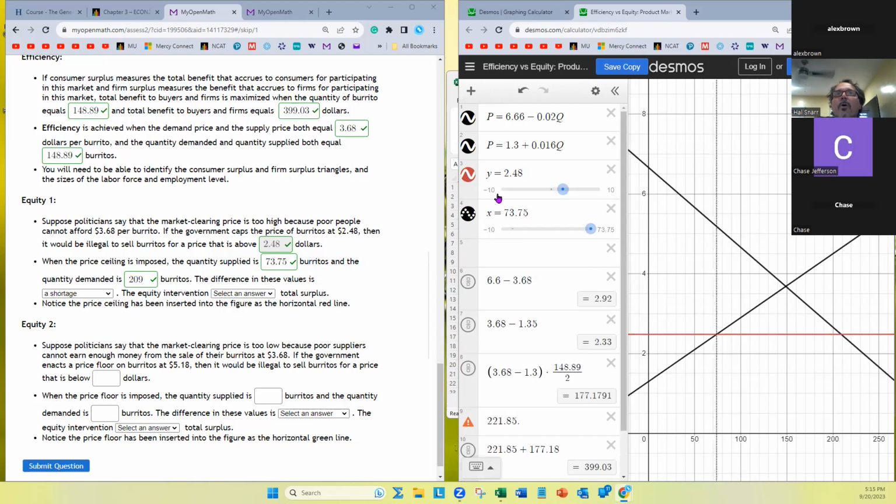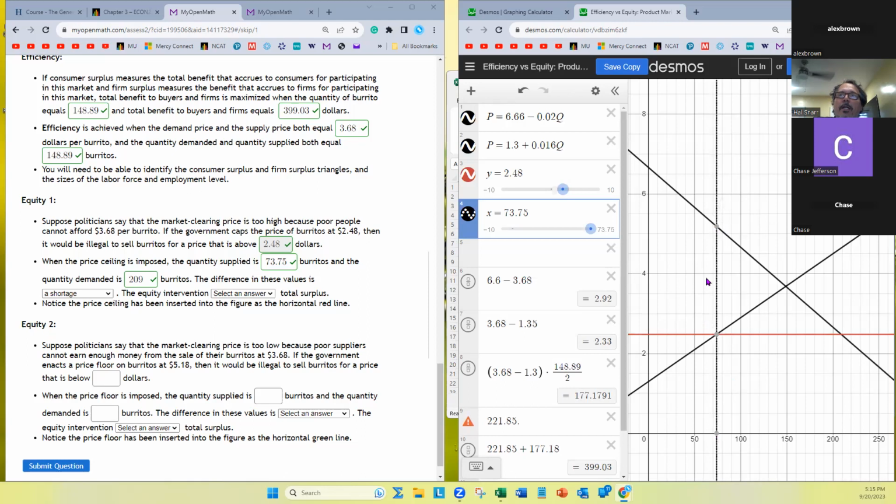Okay, so at this quantity supplied, notice that the highest price the last customer in the market is willing to pay is now $5.18. Can poor people afford to pay that price? No, rich people can afford to pay that price, right?